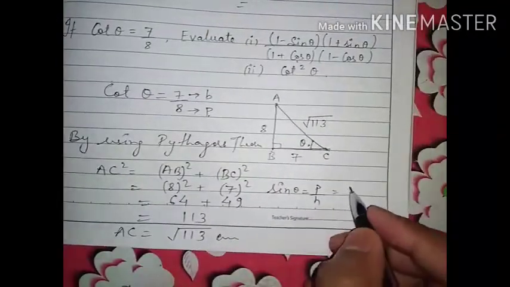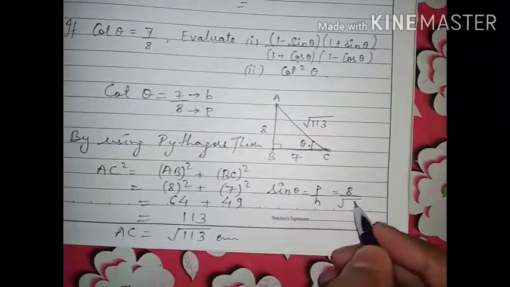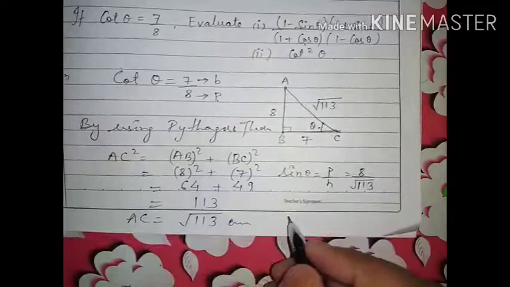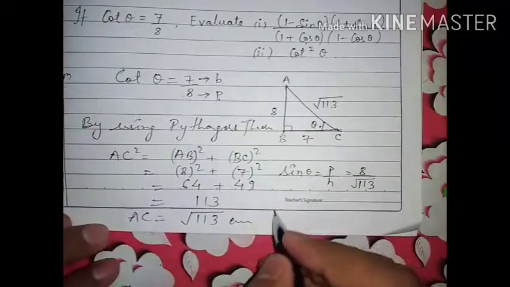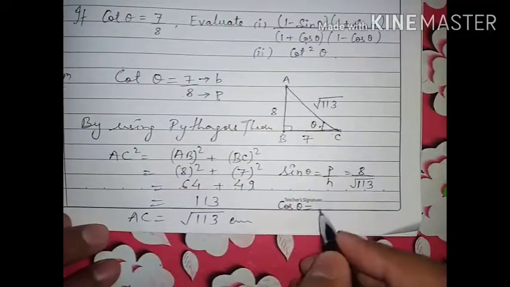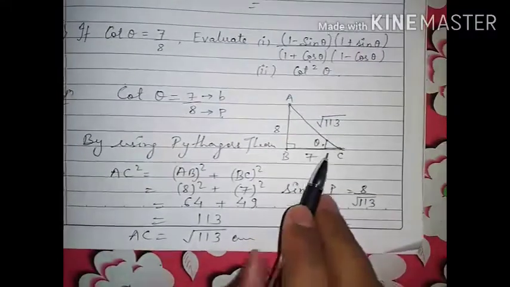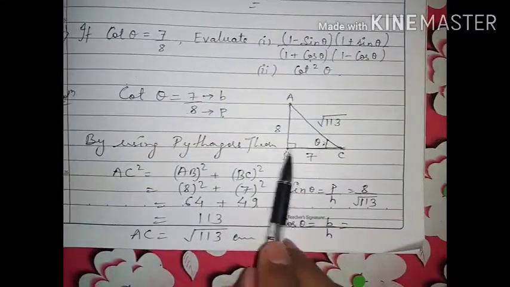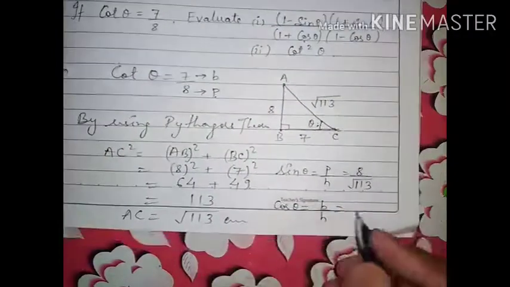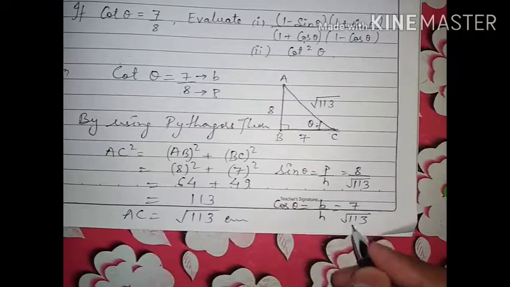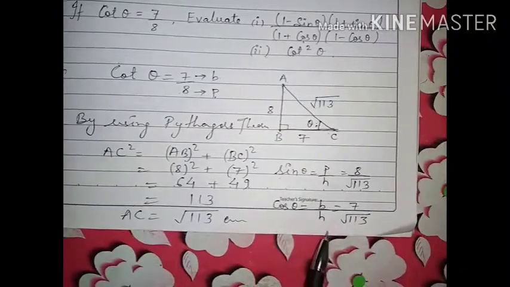So we can write 8 by under root 113. Okay, this is sin theta. Similarly, we can write cos theta also. Cos theta, we all know, is B by H. With respect to this angle, B is BC and H is AC. So we can write 7 by under root 113. So these are the two values of sin theta and cos theta.